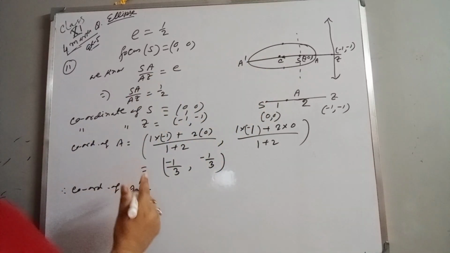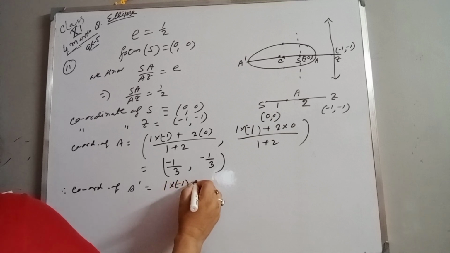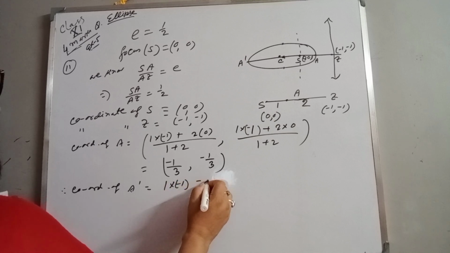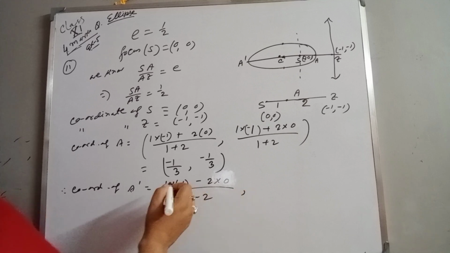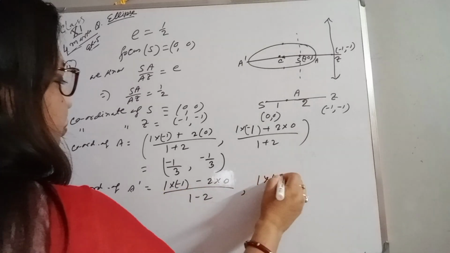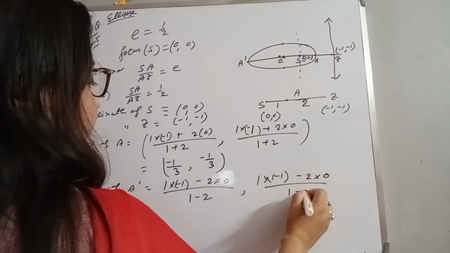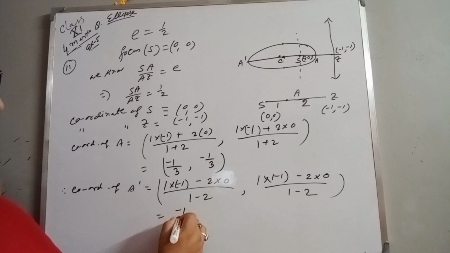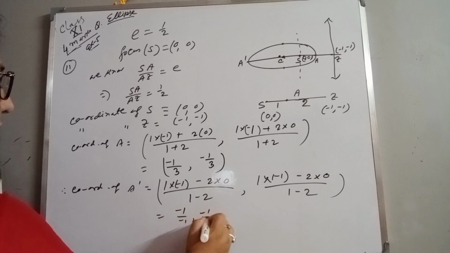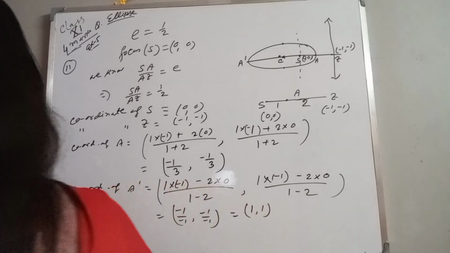So then it will be (mx2 - nx1) by (m - n), that is 1 into -1 minus 2 into 0 by 1 minus 2. So it is coming -1 by -1, that is equal to 1, comma, 1. Okay.